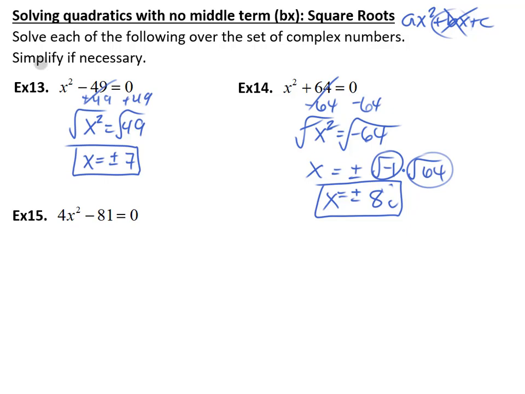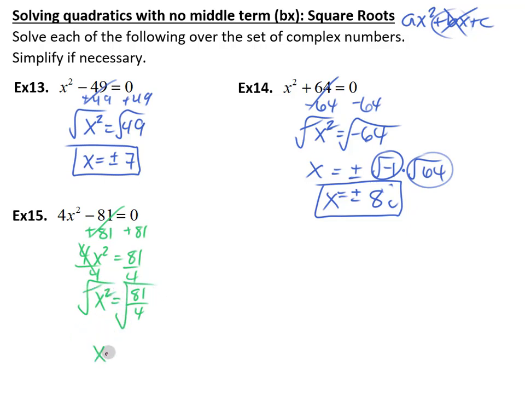Okay, 2 more examples. Our next one, again, there's no middle term with x to the first power. So I need to isolate x squared, and we can use square roots. So let's add 81 over. 4x squared equals 81. Divide by 4. So now I have x squared equals 81 fourths, and then we can square root both sides.